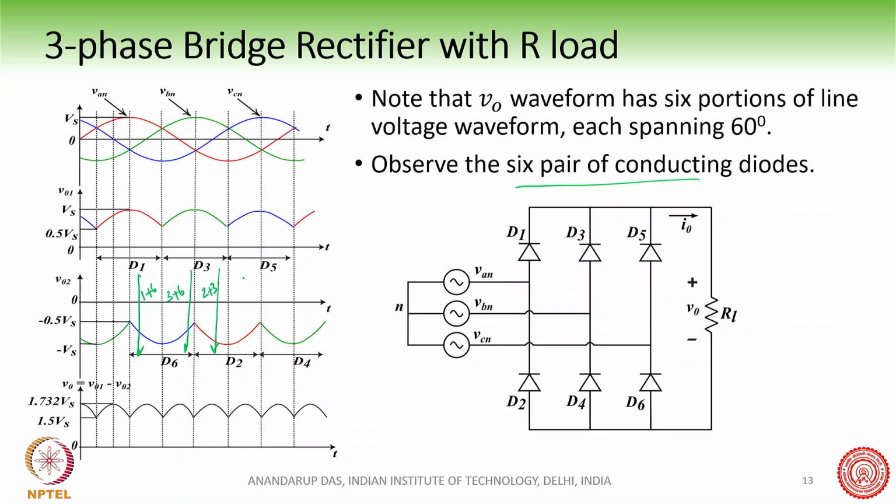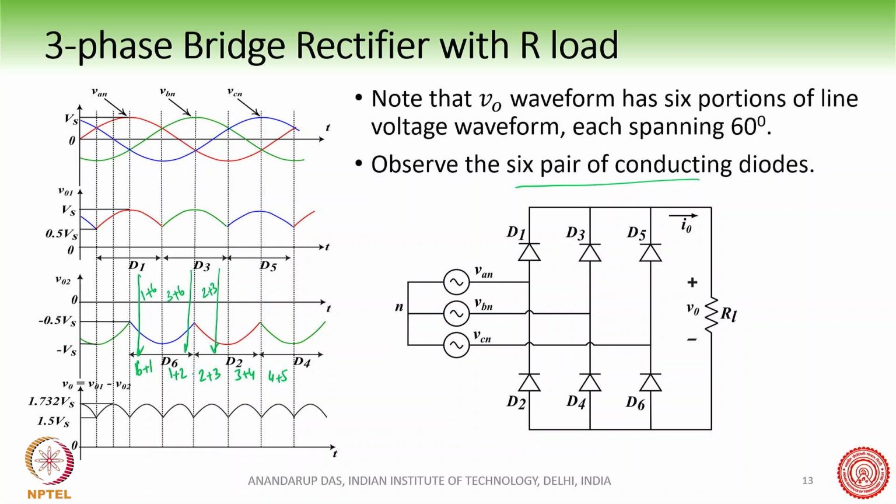If the numbering is proper, which I think is 1 3 5 2 6 4 or something like that, then you will see the conduction 6 plus 1, 1 plus 2, 2 plus 3, 3 plus 4, 4 plus 5, in the exact same sequence.